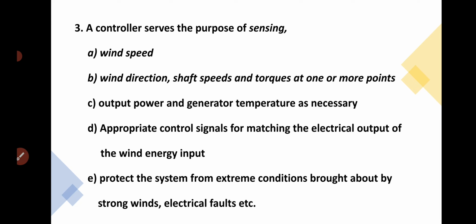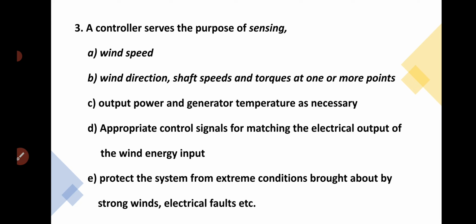Then the output power and generator temperatures as necessary, and gives the appropriate control signals for matching the electrical output to the wind energy input. And to protect the system from extreme conditions brought about by strong winds, electrical faults, etc.